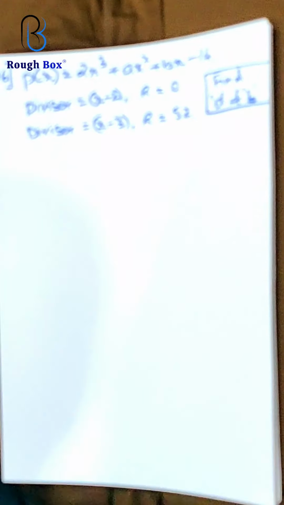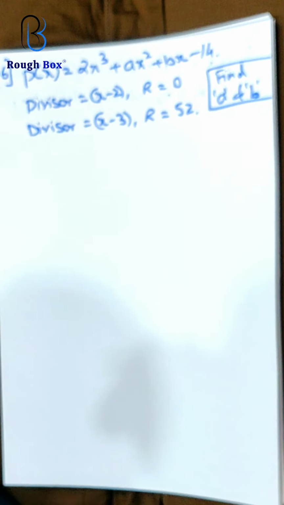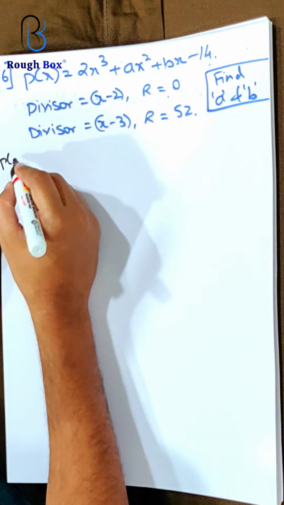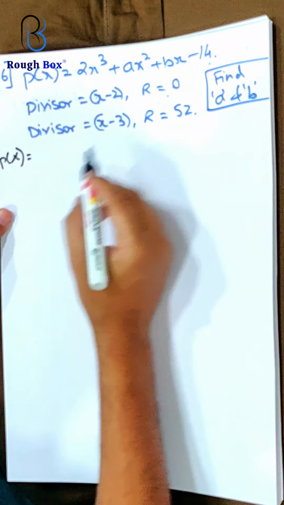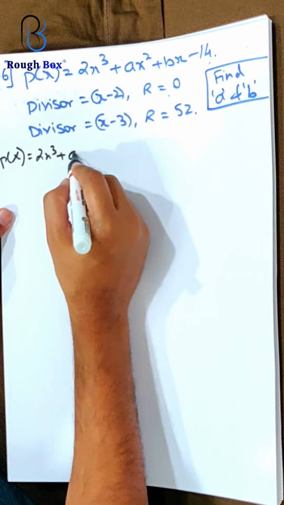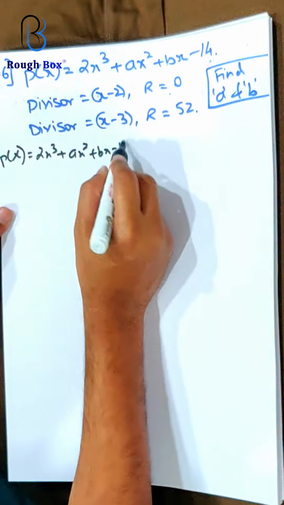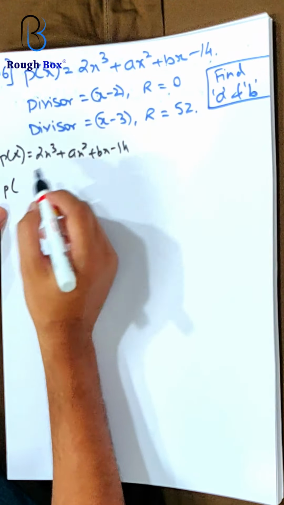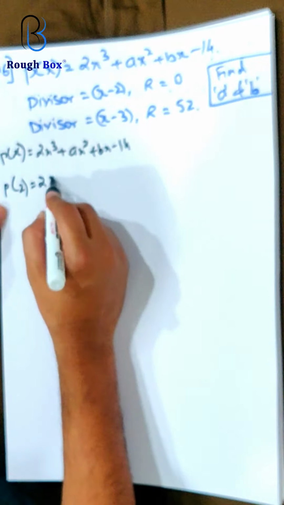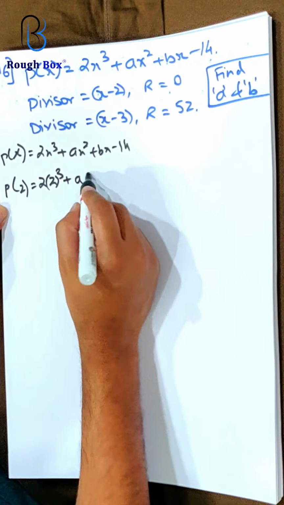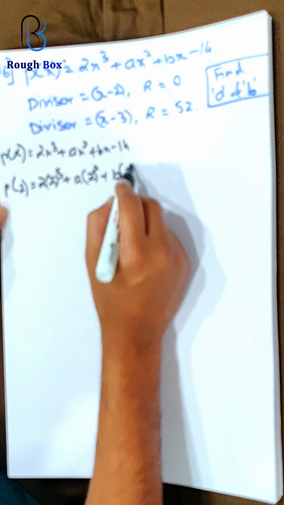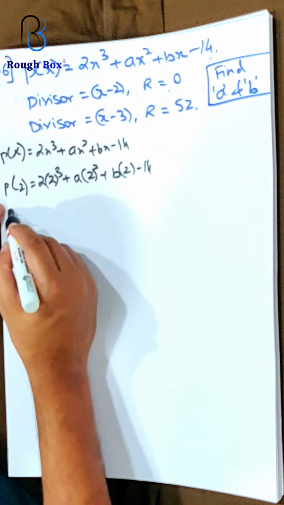Come on, everybody. So for the first part, p of x equals the entire thing. So I am taking p of 2. So 2 into 2 cube, a into 2 square, b into 2 minus 14. The remainder is 0.